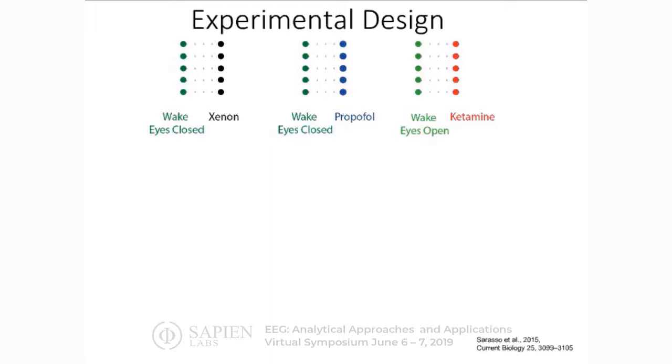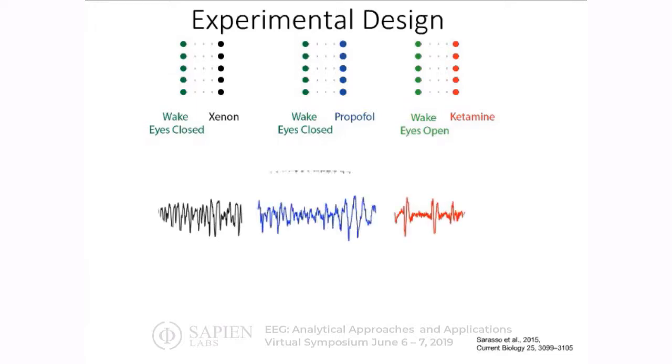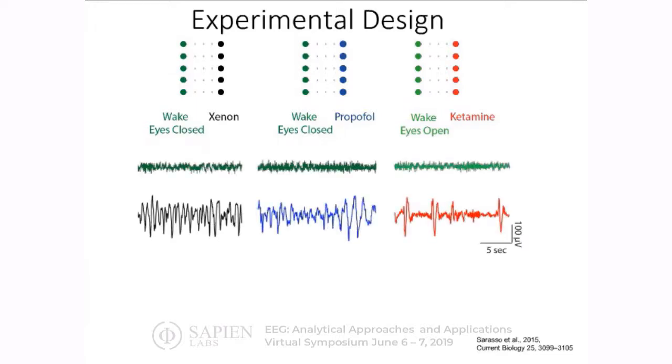The experimental design for this study was that three different groups of five people each underwent an anesthetic procedure designed to yield complete unresponsiveness. At the end of the experiment, people were woken up and asked whether they had experienced anything during the period in between.